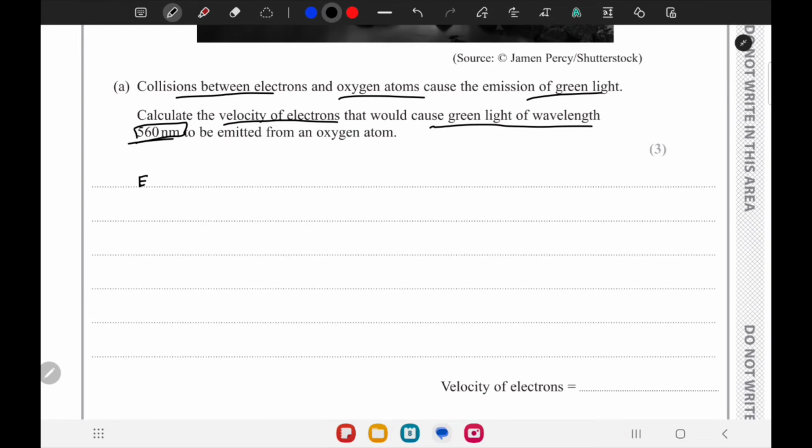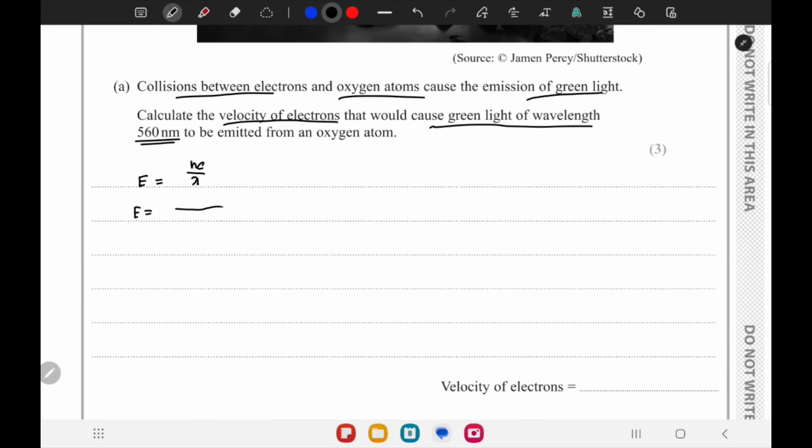So the energy would be equal to hf. This is the energy of the photon that is emitted. So 560 nanometers is the wavelength. So the energy of the photon emitted would be hc by lambda.